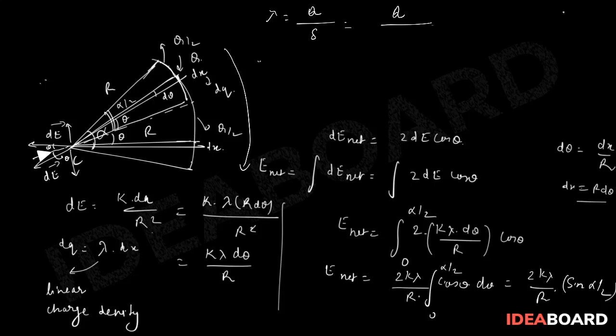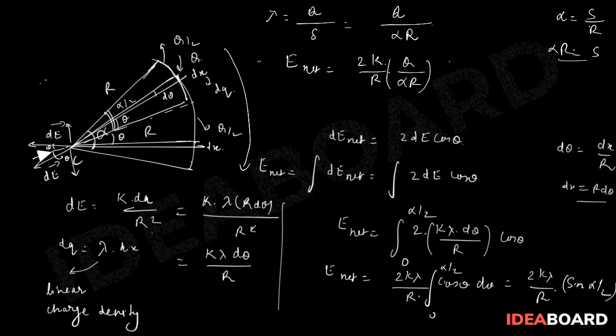We know that alpha will be s upon r, so s will be alpha r. So here we can substitute the value, so E net will be equal to 2k upon r into q upon alpha r, this is the value of lambda, and sine alpha by 2.